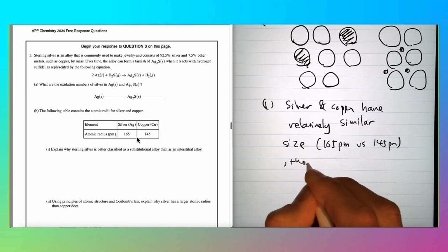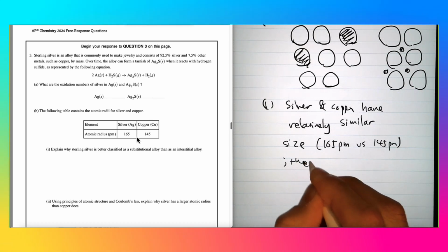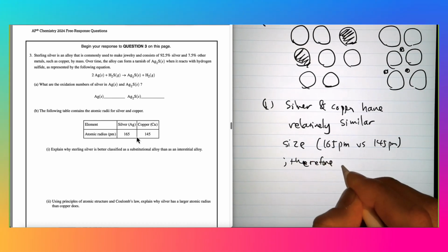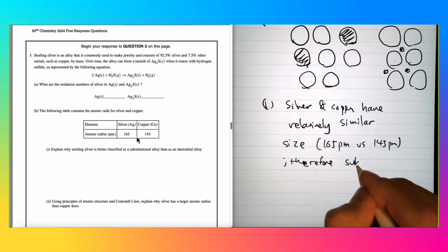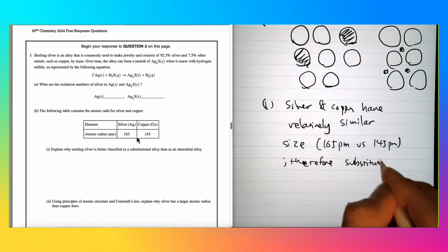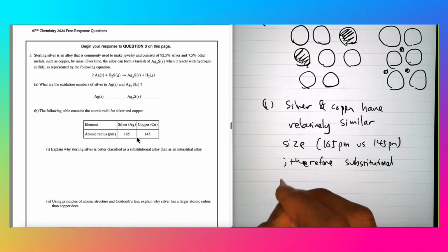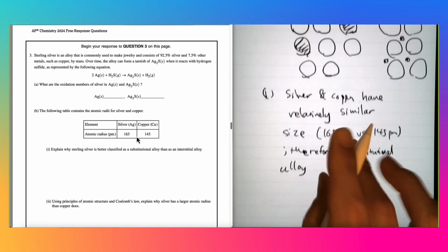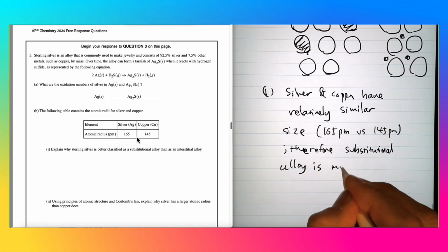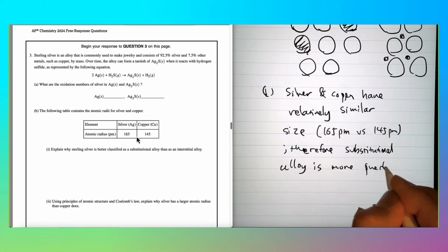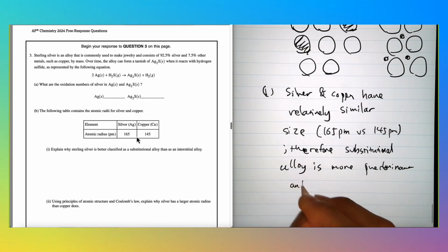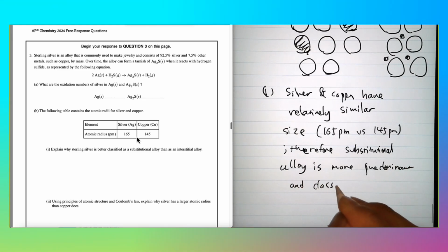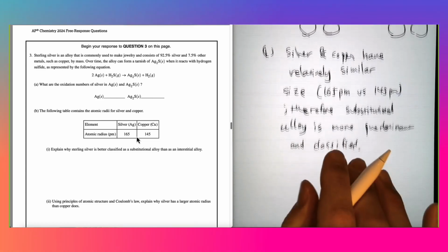And therefore, substitutional alloy is more predominant and classified, or something along that line.